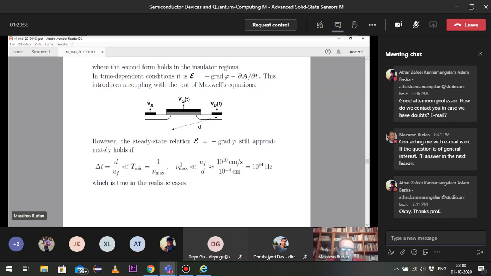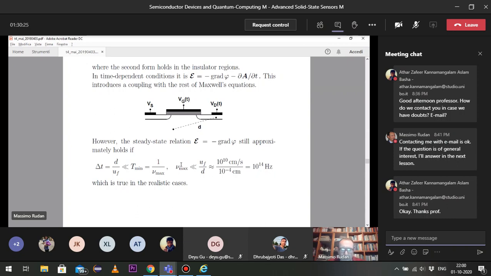And fortunately for this, we can safely neglect the time derivative of the magnetic potential. Even in the non-equilibrium dynamic situation, we can neglect the time derivative of the magnetic potential.